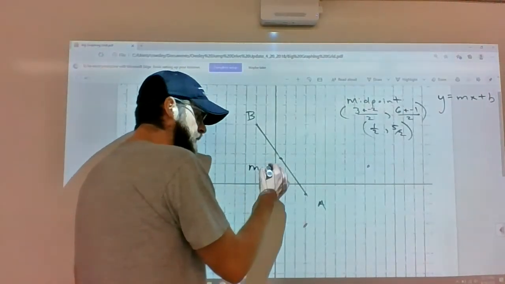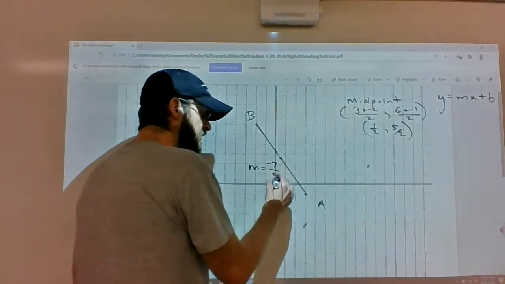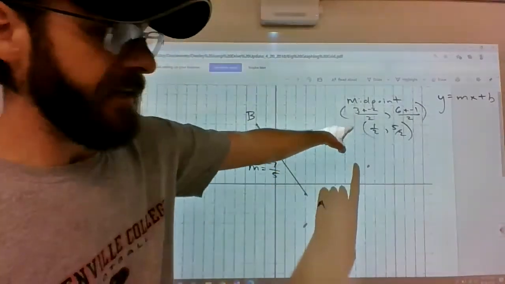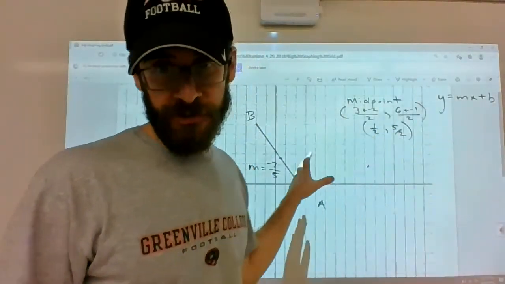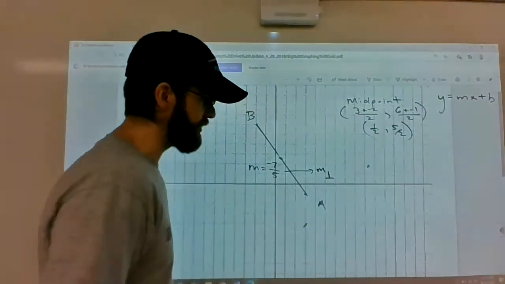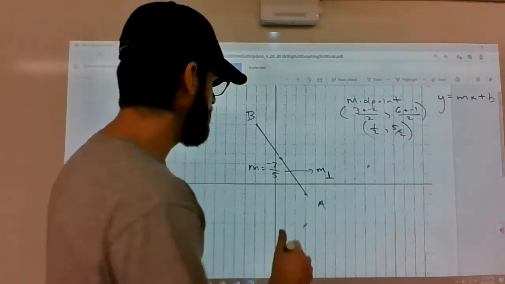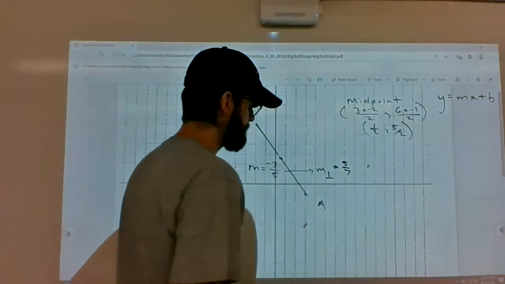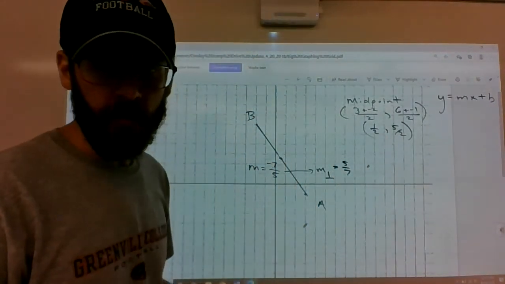If m equals -7/5, then that means our perpendicular slope to that, I'll just denote it with that little notation, is +5/7. Okay, we got all the info we need.